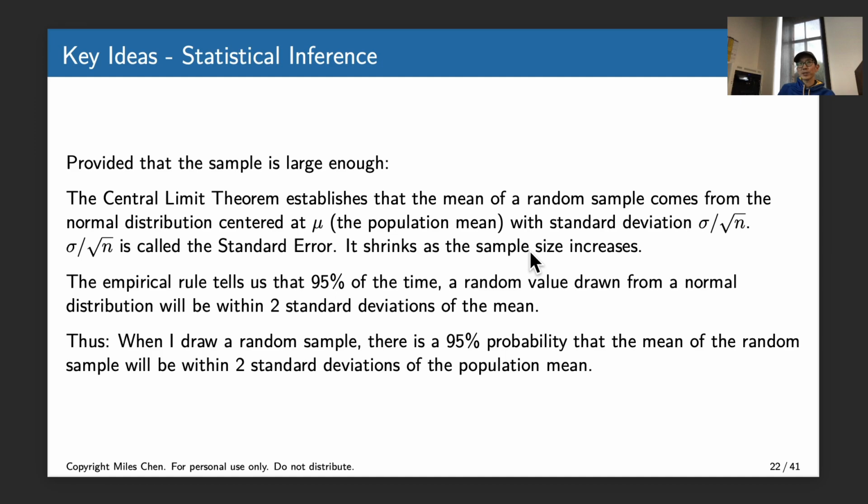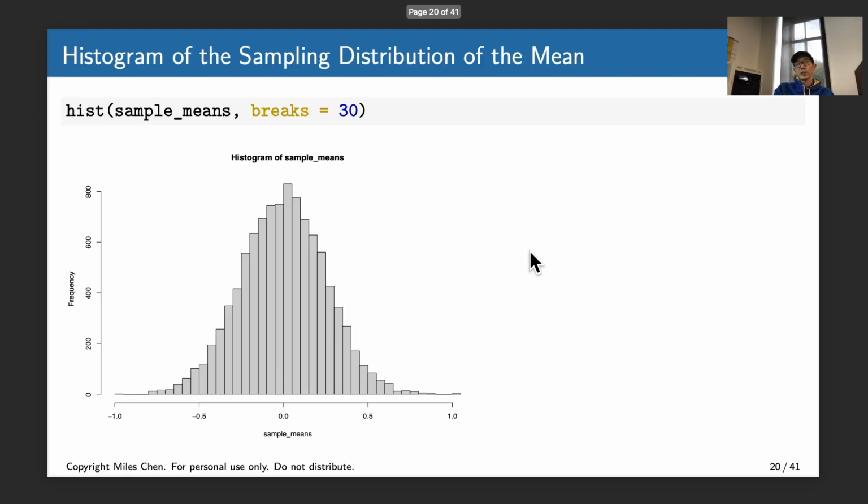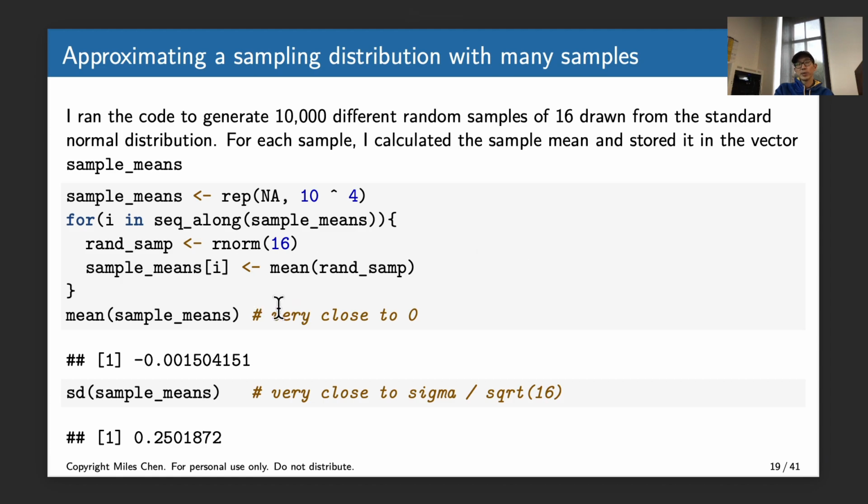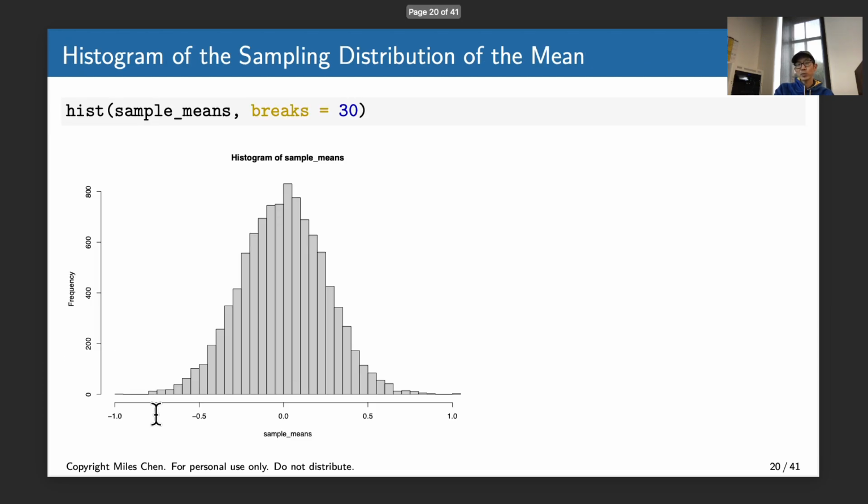So we take this fact, okay? The central limit theorem says when you take a random sample and you take the mean of your random sample, that sample mean, whatever it is, is going to be one of these 10,000 values here, which means it's going to come from a normal distribution. That's what the central limit theorem says.